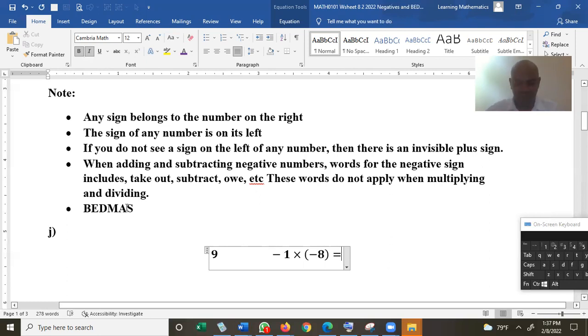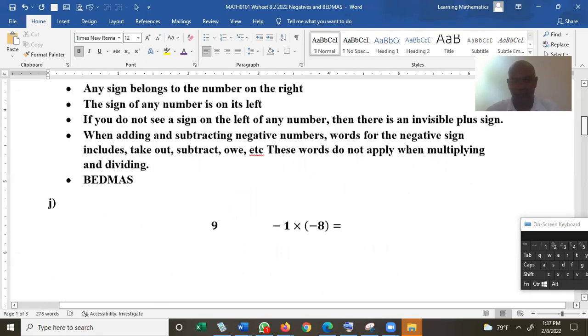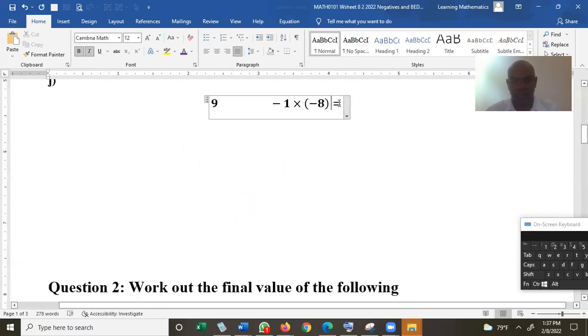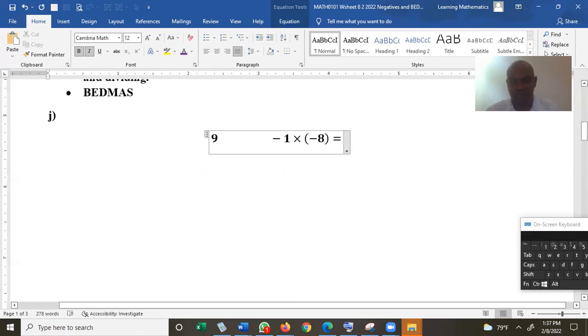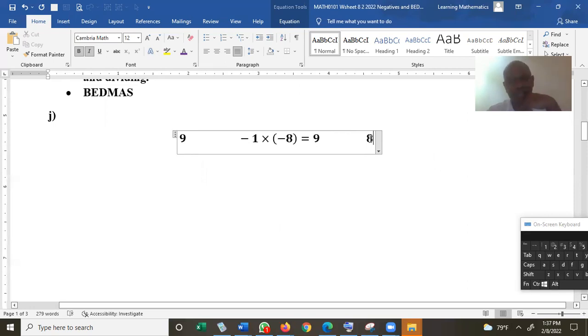So this is a 9. This is 9 right there. That's our 9. Negative 1 times negative 8 is a positive 8. So this is 9 and 8.